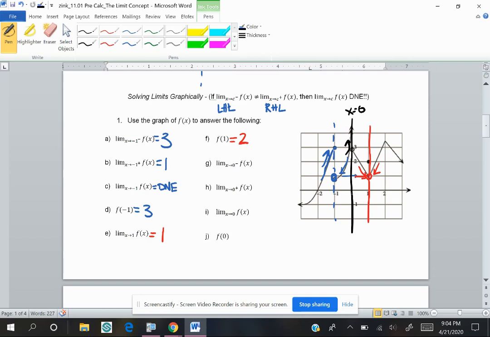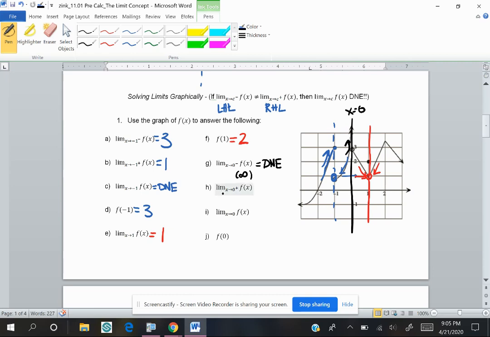The asymptote is the y-axis, x equals 0. We say it goes to infinity, and some textbooks will use infinity. We're going to follow our textbook, which says that if it goes to infinity or negative infinity, the limit does not exist, because it's not approaching a specific number. It's just going towards infinity.